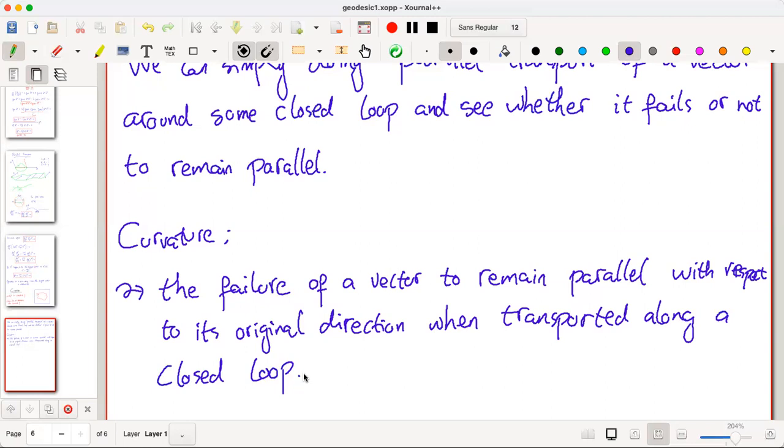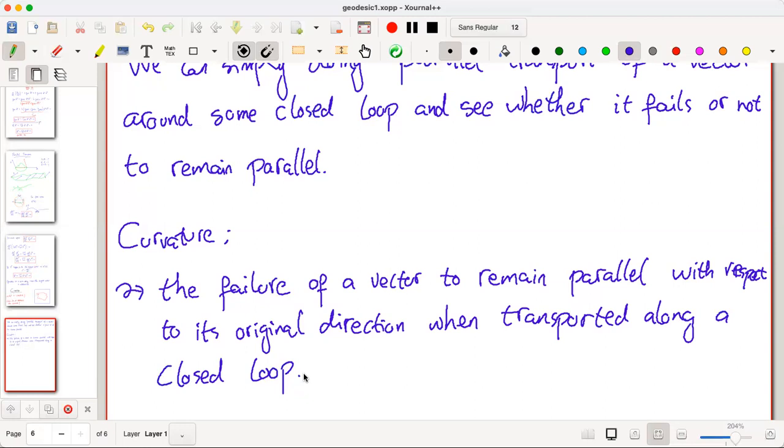And about this definition of curvature, the failure of a tangent vector. You said tangent vector, but you wrote vector. Will both of them fail to be parallel? Yes, both of them will fail. Any vector will not be able to stay parallel.